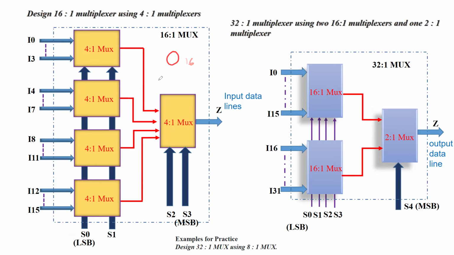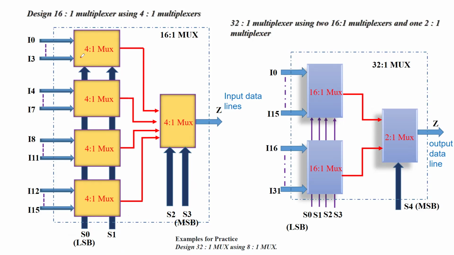So 4 here is your select lines. So you need 4 select lines. So where are those 4 select lines? So you see here S3, S2, S1, and S0. S3 representing the most significant bit, S0 representing the least significant bit.